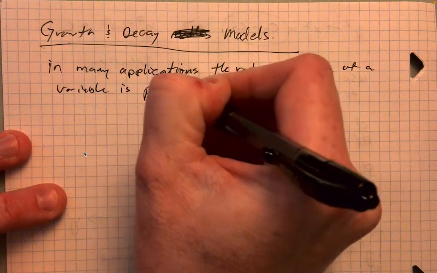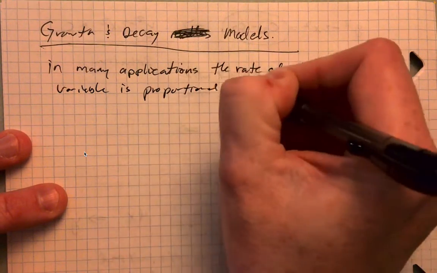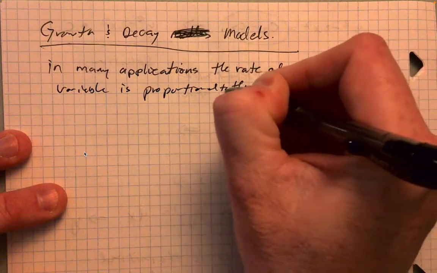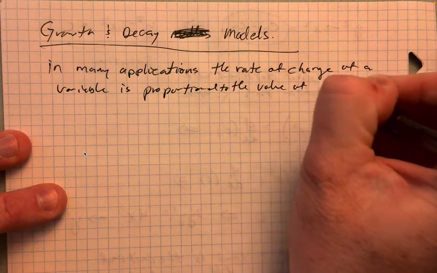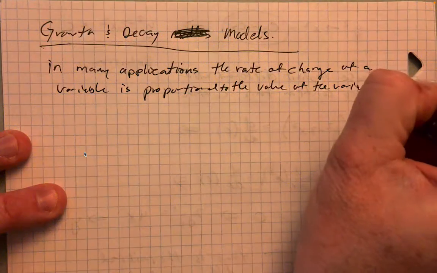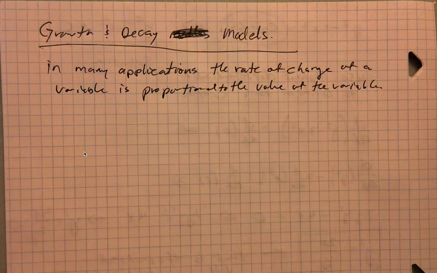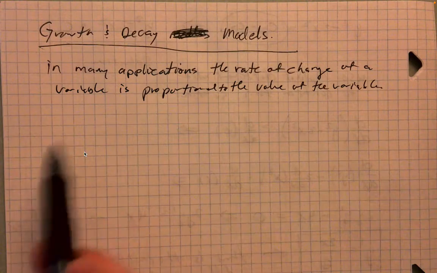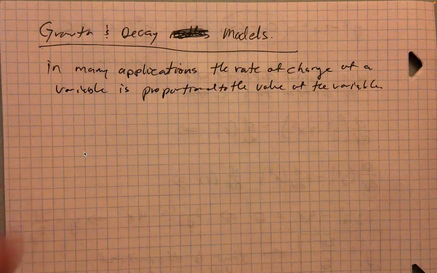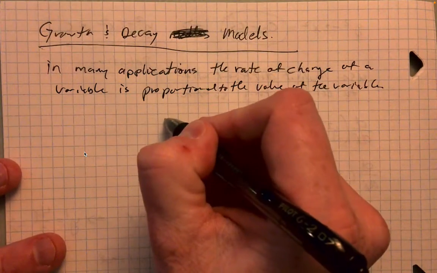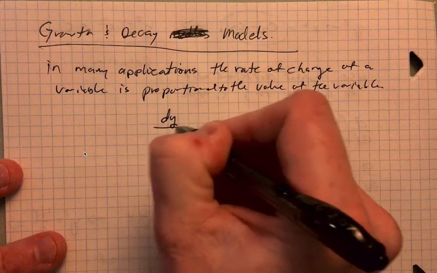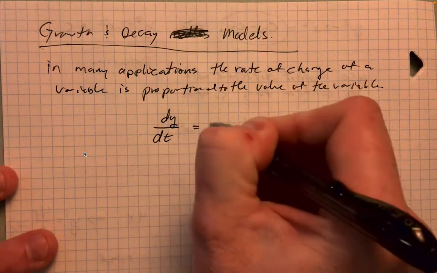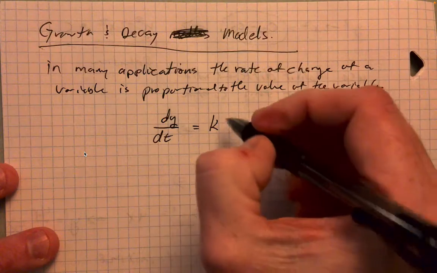When we say rate of change of a variable, we're talking about a derivative. And when we say proportional to the value of the variable, we're talking about a constant times the variable. A lot of times you'll see things that look like this: dy over dt equals k times y.